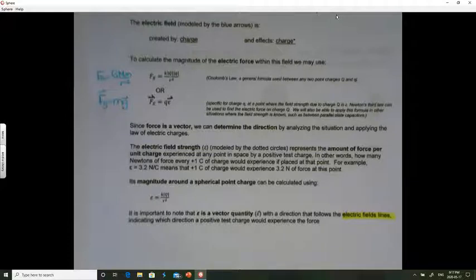So if you were to put a positive charge at whatever point in space you're analyzing, whichever way that positive charge would move, that's the direction you give to your electric field strength vector. Now that might sound like a bunch of gibberish. We're going to try to go through it in an example and see if we can't get it to make more sense.